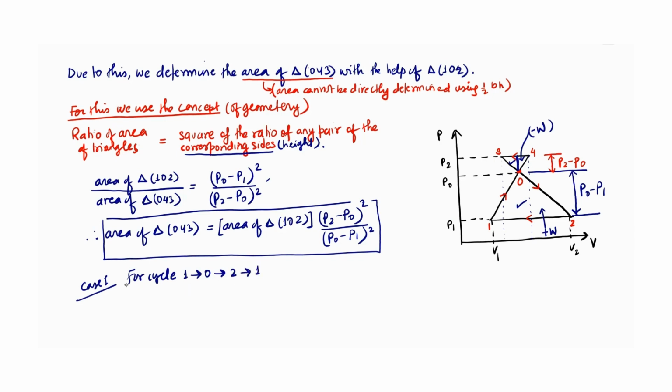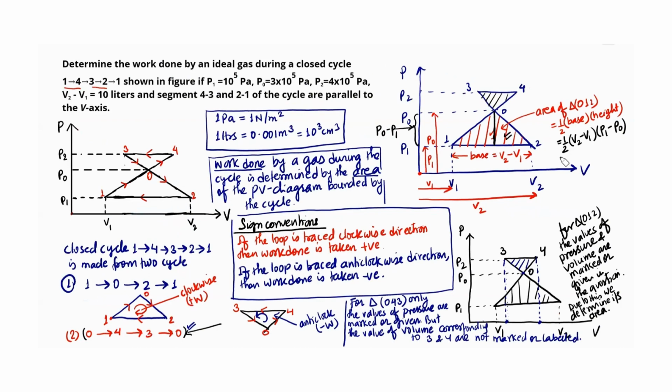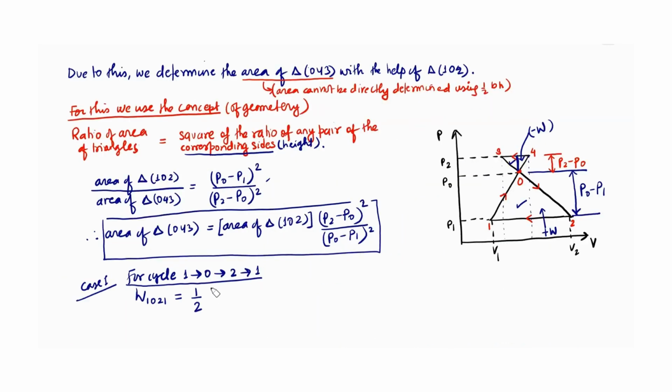For this cycle, I'm writing work done 1, 0 to 1 equals half times base times height, half times V2 minus V1 times P1 minus P0, V2 minus V1 times P0.